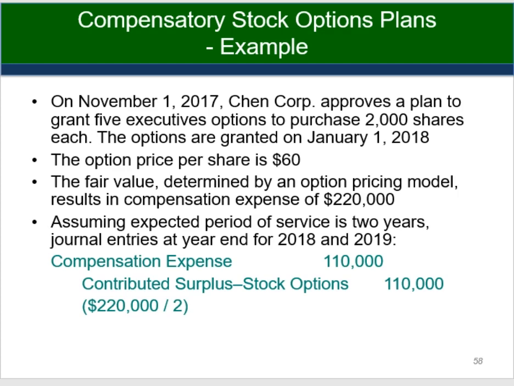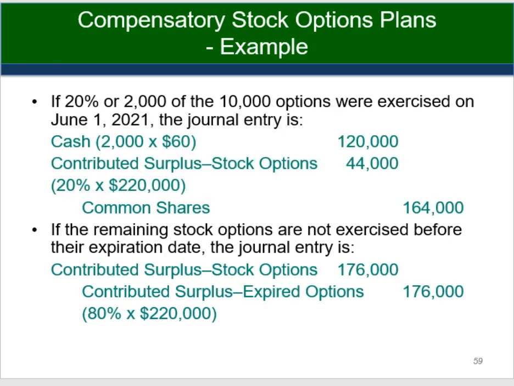So the total is 5 times 2,000, 10,000. Of the 10,000, only 2,000 are exercised. So the journal entry is to increase cash for the exercise price and reduce the contributed surplus by 20%. So 2,000 of the 10,000 available were exercised, so 20% of the 220,000 goes away and goes into the common shares account.